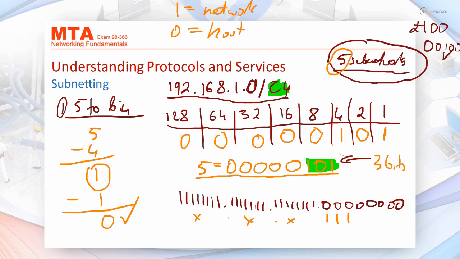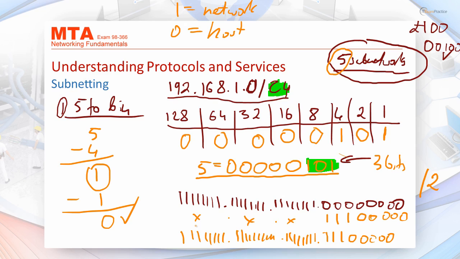We'll just do it like this. The new subnet mask is 8 ones, 8 ones, 8 ones, and in the last octet, 3 ones. Now if I ask you to write it in slash notation, what is it?